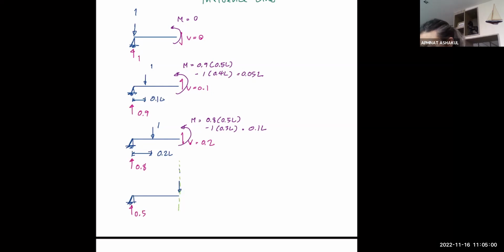What would be the shear if you are on the right side of the load? You will see that your shear is going up. On the right side, right? Slightly on the right side, say 1 nanometer to the right side of your unit load.